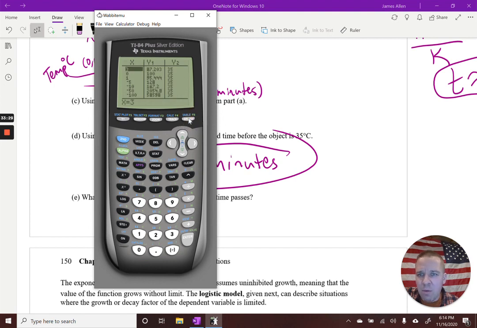Now, if I were to say, as my numbers get larger and larger, so let's say I go 40 minutes out, right? Because we've already dealt with some other stuff. We got 34. Let's go with 60 minutes out. And again, I'm looking at that Y1 column because the other one's just the 35.